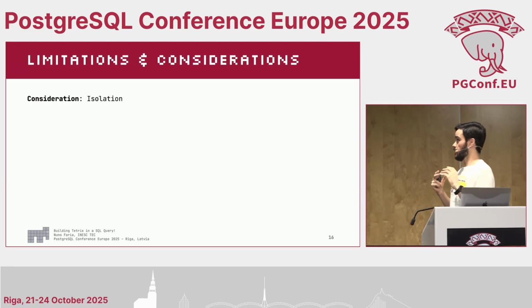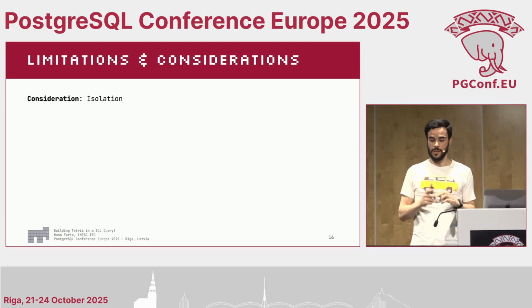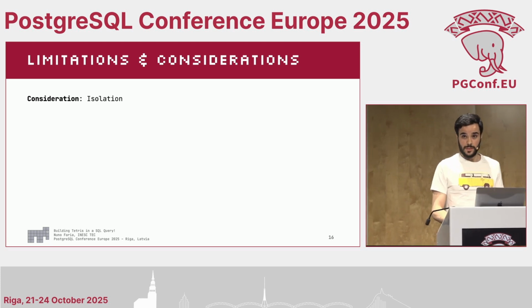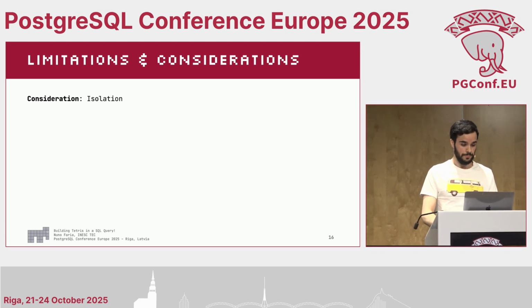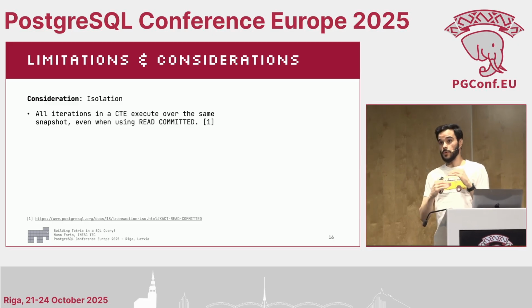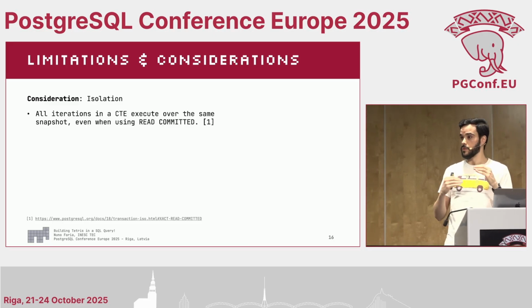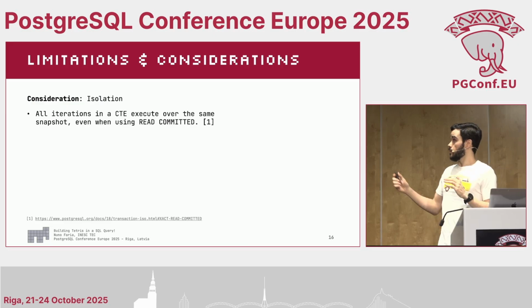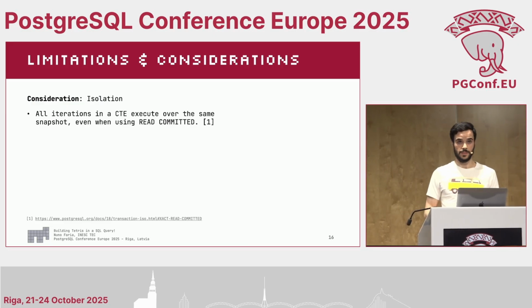And finally, and this is not really a limitation, it's more a consideration, it comes down to the transactional isolation when executing queries. So each iteration in our recursive CTE will always read from the same snapshot, even if we are using the read committed isolation.